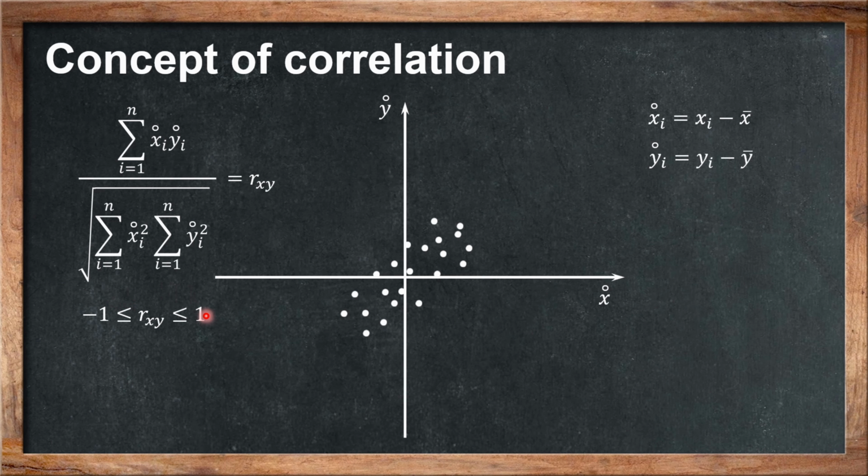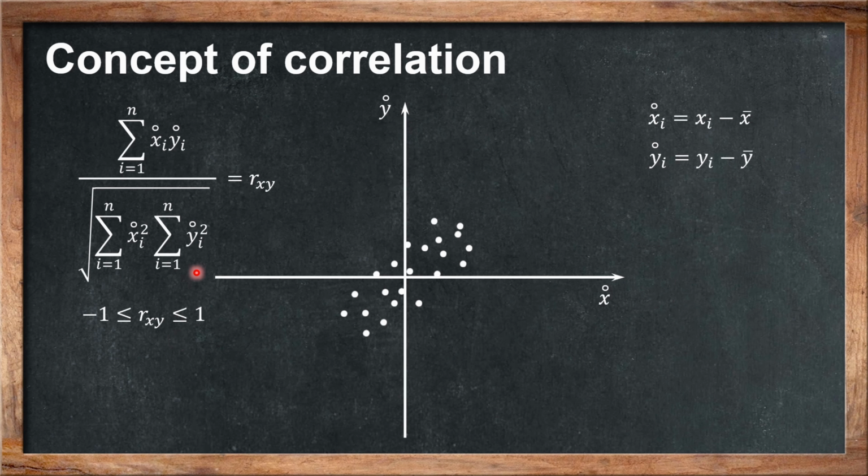It's easy to interpret. If it's close to -1, that means we have a very strong negative relation. If it's close to 1, that means we have a very strong positive relation. And if it's close to 0, we would rather say that there is no linear connection between x and y.